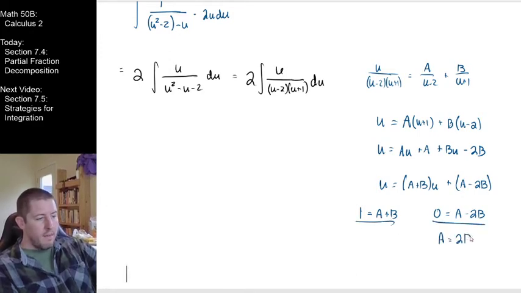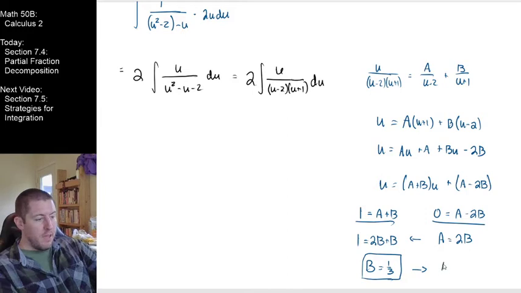It looks like A is the same thing as 2B, and that's going to lead me to say 1 equals 2B plus B, and therefore 3B equals 1, B is equal to 1/3, and that's going to allow me to say A is 2 times B, so A is going to be 2/3.